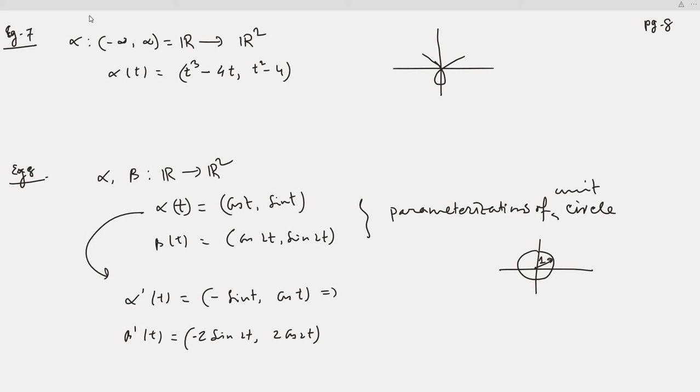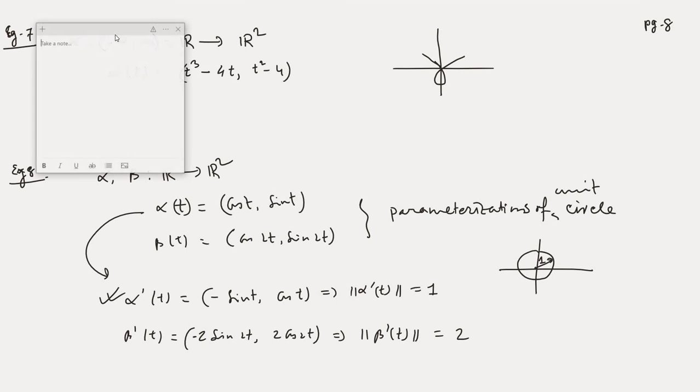This implies alpha prime of t has constant norm equal to 1, so this is a unit vector, but beta prime of t has norm 2, so this is not unit. But alpha and beta both have non-zero derivative.